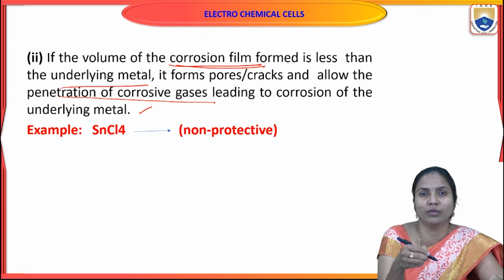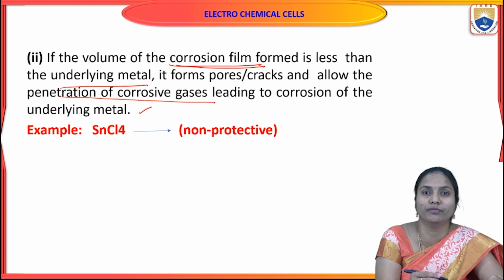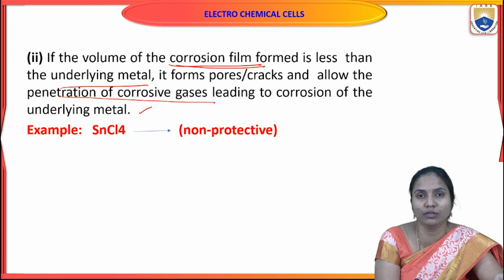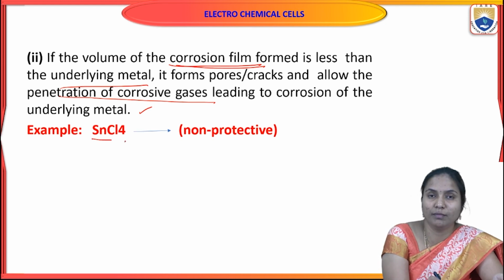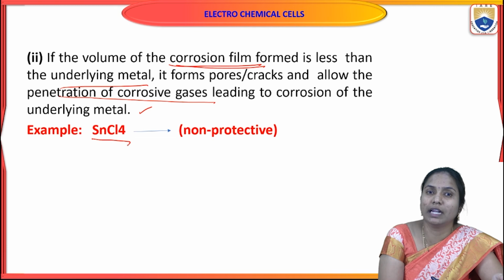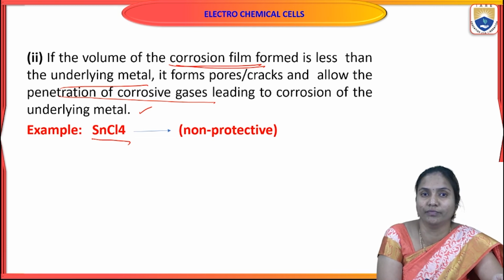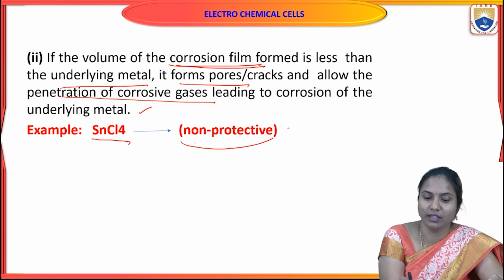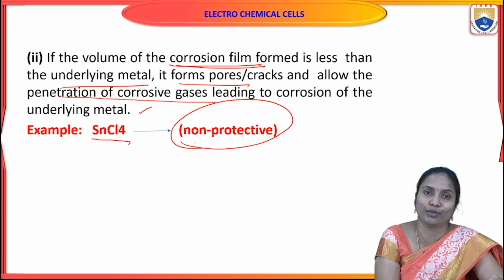If pores are formed in the gaseous layer, other corrosive chemicals easily attack, and the metal easily undergoes corrosion. The best example is tin chloride. When tin interacts with chlorine, it forms a tin chloride gaseous layer, but this film is less in volume than the underlying metal, so it forms pores or cracks. So this layer acts as non-protective according to the Pilling-Bedworth rule.